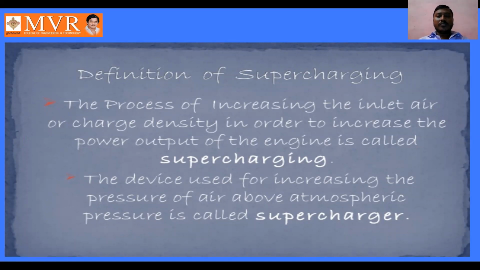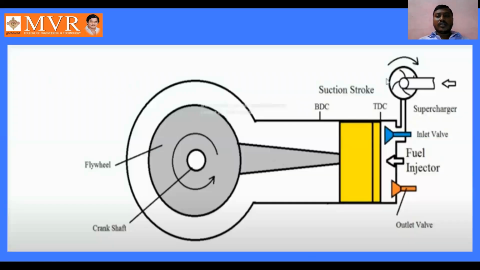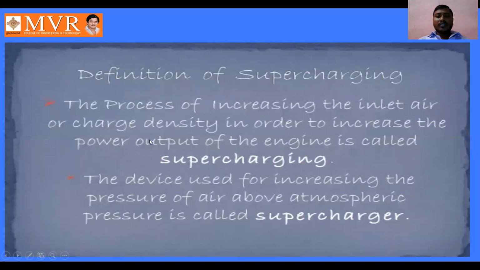This is known as supercharging: the process of increasing the inlet air or charge density in order to increase the power output of the engine. The device used here is called a supercharger, the device used for increasing the pressure of air above atmospheric pressure.